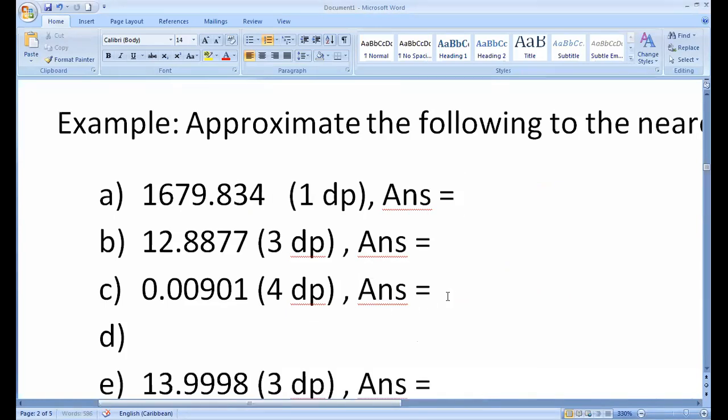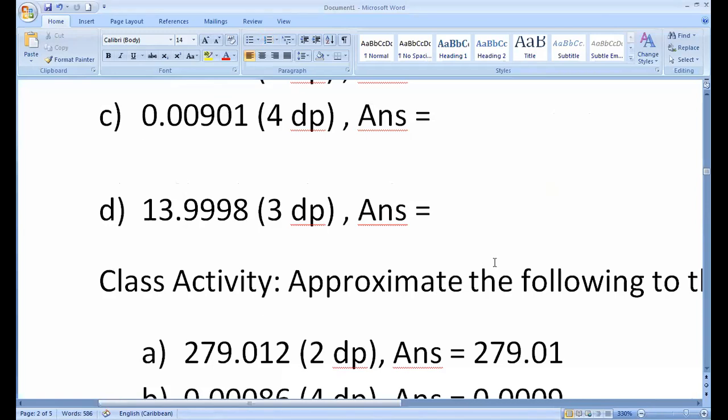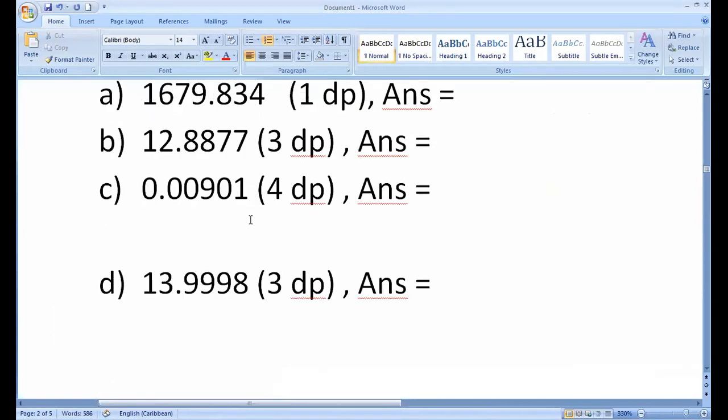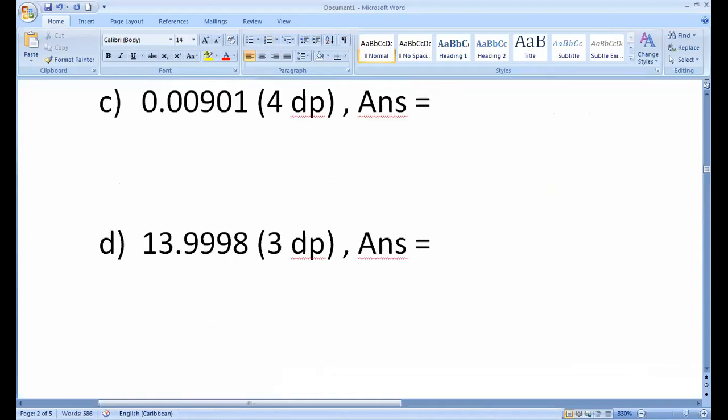Let me give you some space, everything has seemed clustered. So we're going to round off to 3 decimal places. It says 3dp, so we'll go to the right, 3 places to the right: 0, 1, 2, 3. So we'll draw our line between the 9 and the 8.